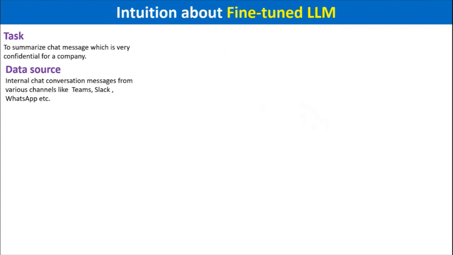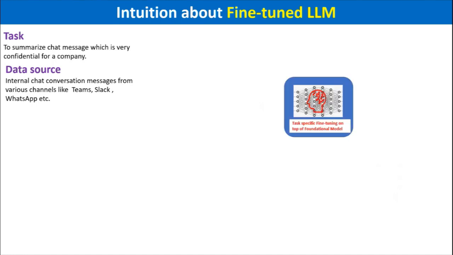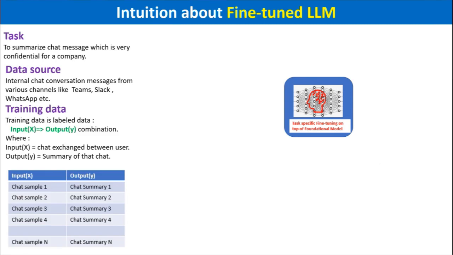In response to this challenge, the alternative available is to undertake fine-tuning of a pre-existing LLM and develop a proprietary solution. You need to prepare your training data. This training data is supervised or labeled data. This means it has input and expected output. Let us see in detail how this training data would look like.